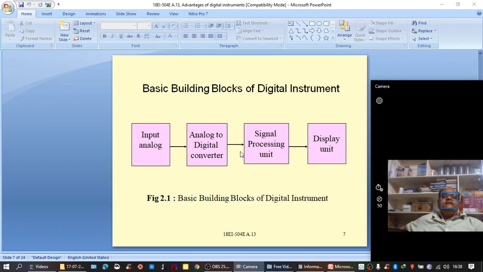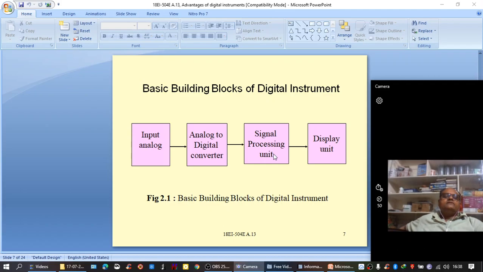That digital equivalent of the analog input voltage is given to signal processing unit. Here we have got digital data in terms of zeros and ones. That data is processed in a signal processing unit.